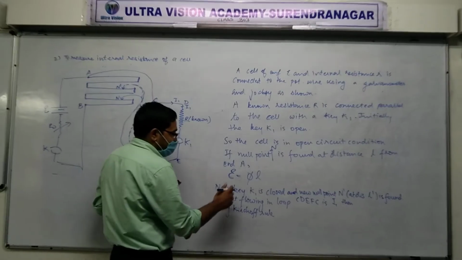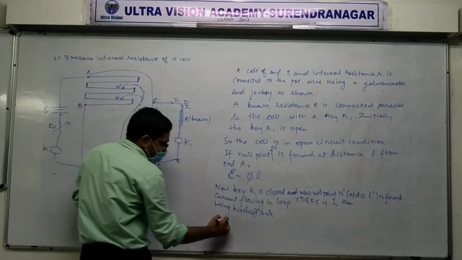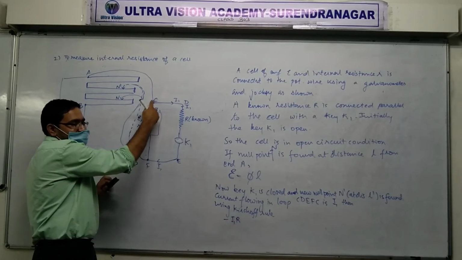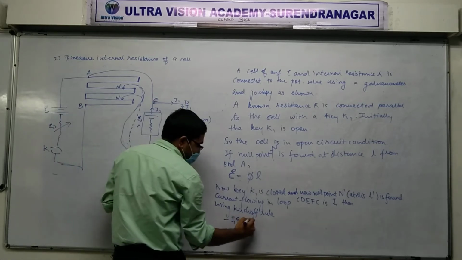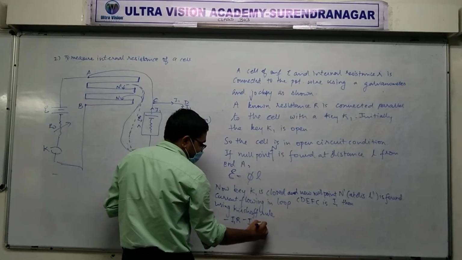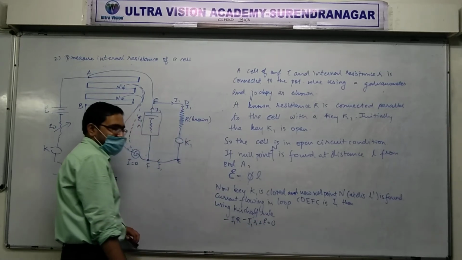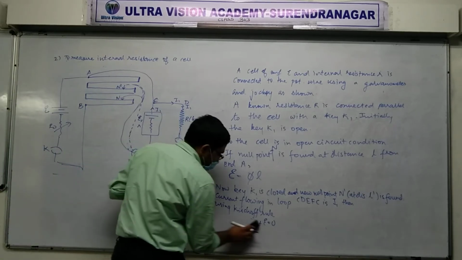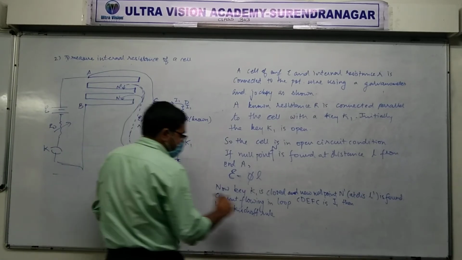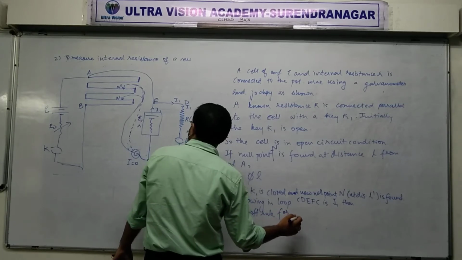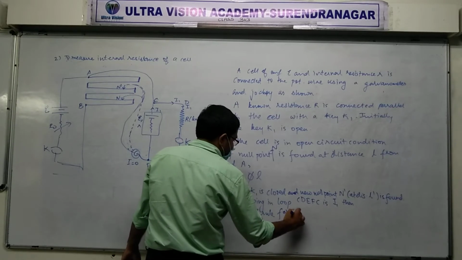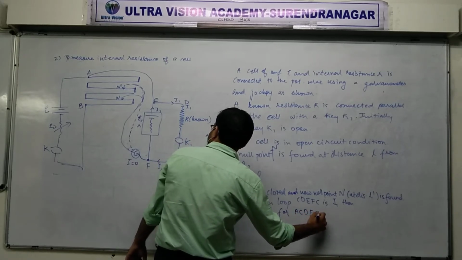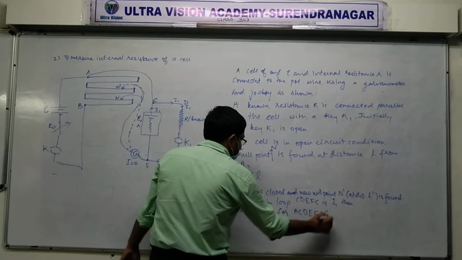If we use Kirchhoff's rule in this loop: minus I1 into R, then minus I1 into small r plus epsilon equal to 0. Or we can do it directly along A, C, D, E, F, N dash.